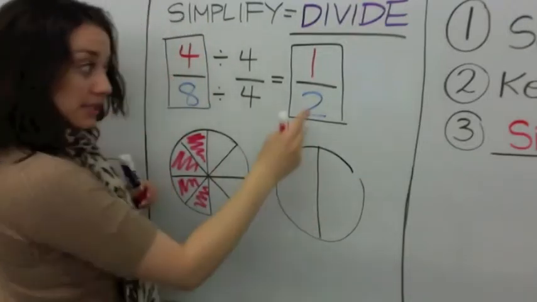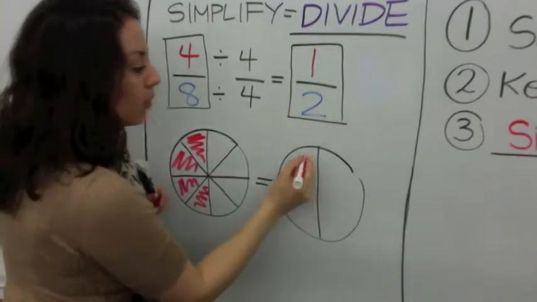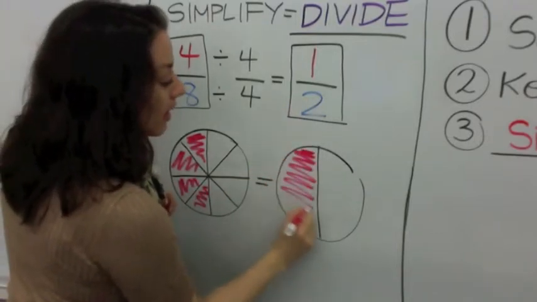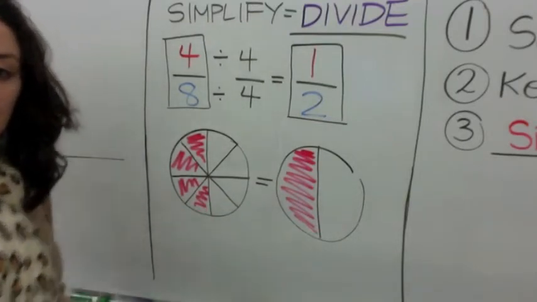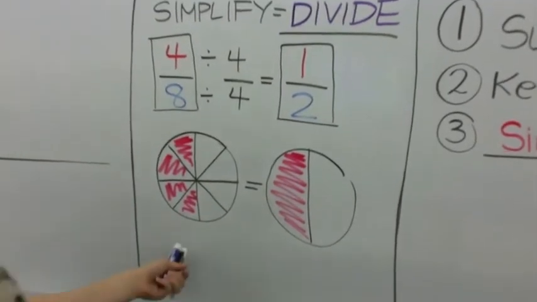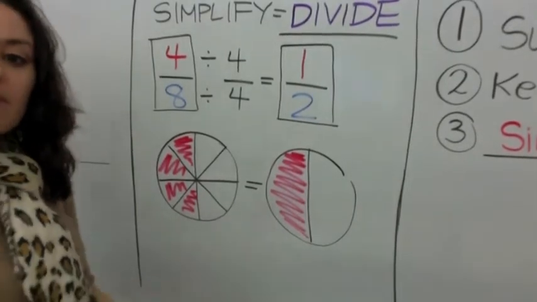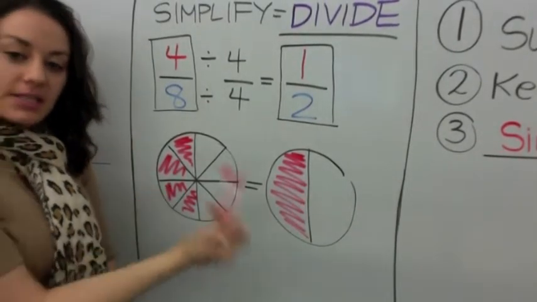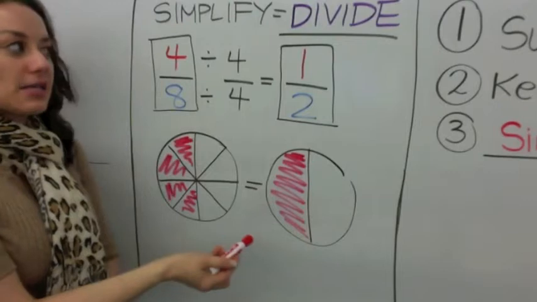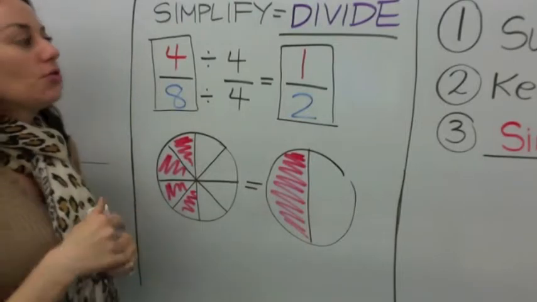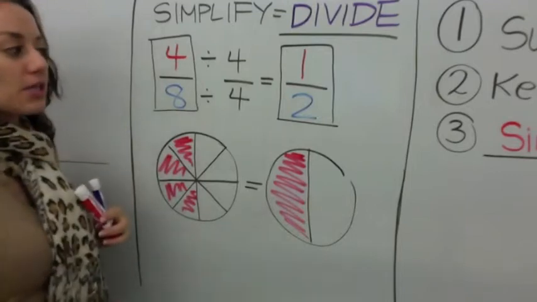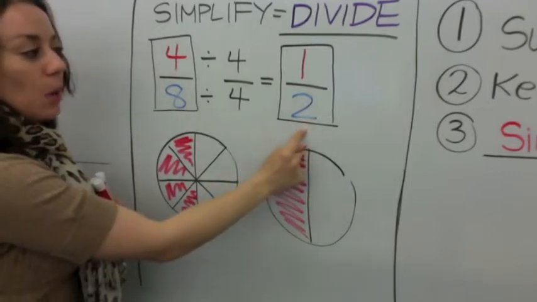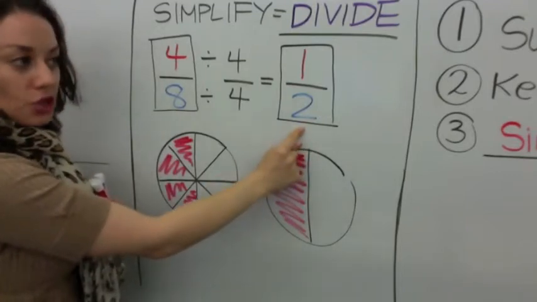I cut it in 2, and now I'm going to shade in 1 piece. Are those equal? Is 4/8 equal to 1/2? Did I eat half the pizza here? Yes. Did I eat half the pizza here? Yes. And that is what you do when you simplify. You are showing that these are equal fractions, but this is the smallest way to write the fraction.